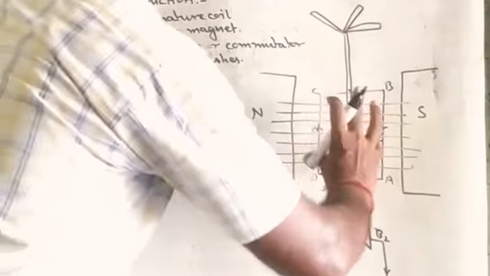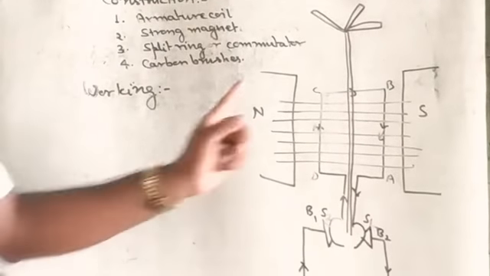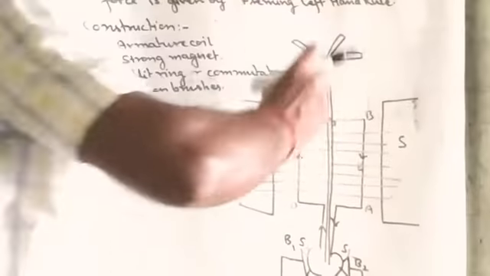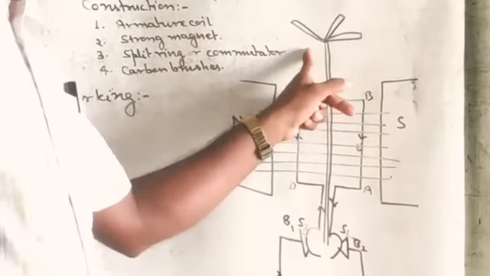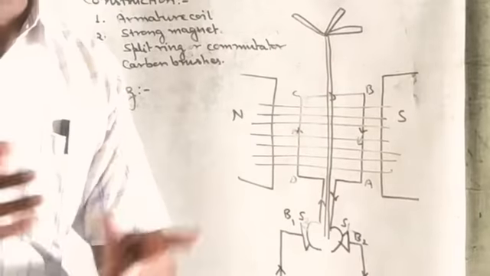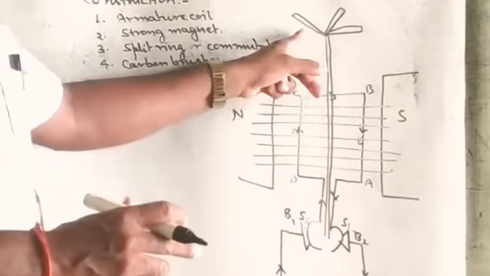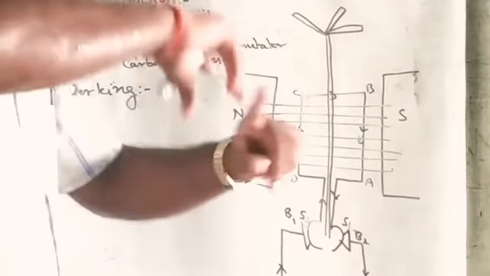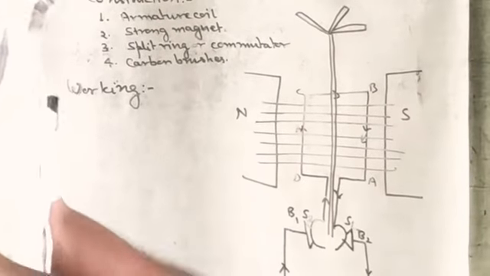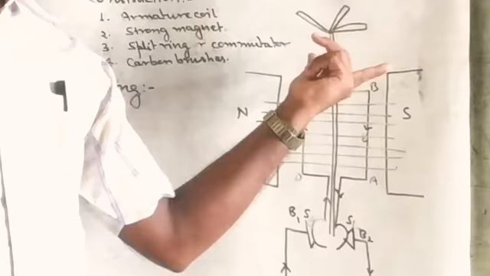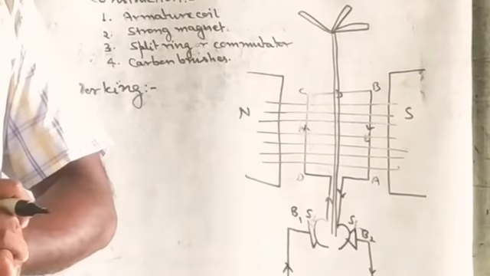Then when the armature coil rotates, the axle also rotates. When the axle rotates, the blade also rotates. When the blade of that electric fan rotates, it converts to mechanical energy. We supply electrical energy and the output we get is mechanical energy.